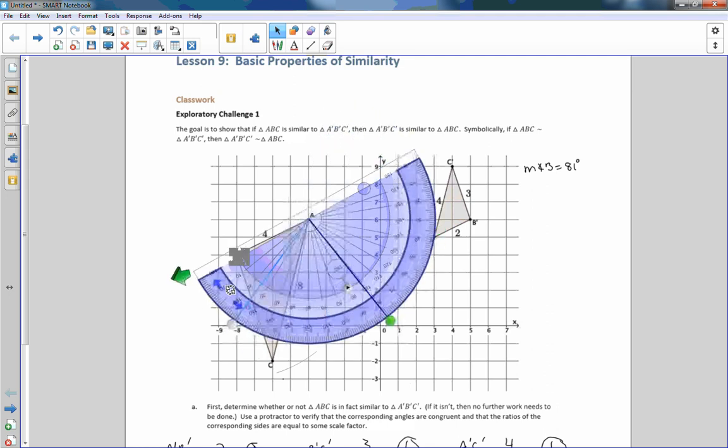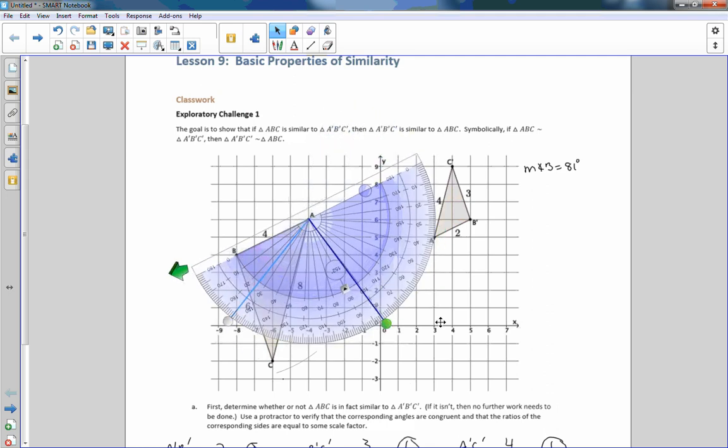So if I have that as AB right here and move this to AC like so, then I can look at the angle measure. Now it's acute, so it's got to be less than 90, so I'm looking inside here, and it looks like it's 1 degree less than 50, or 49 degrees. So now I'm going to call the measure of angle A 49 degrees.